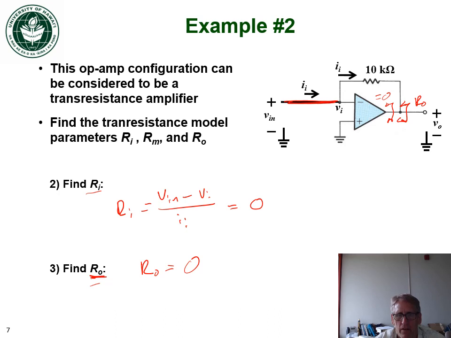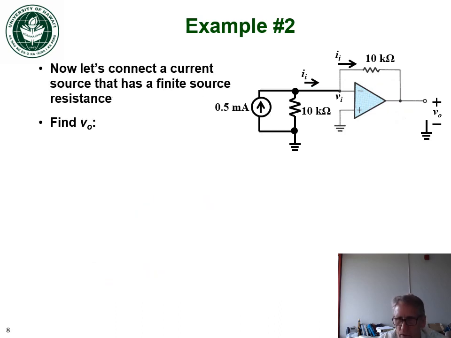All right, and so now we can change example 2 a little bit. Now that we've figured out the trans resistance, the input resistance and the output resistance of that amplifier, we can apply a source to it.